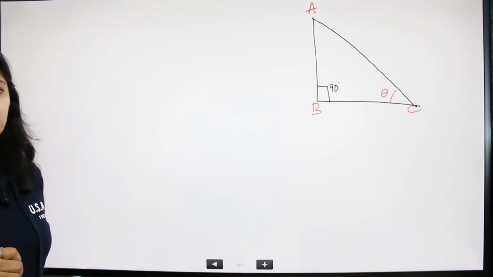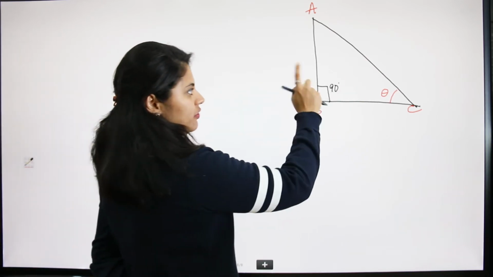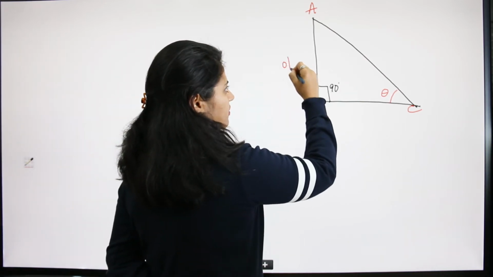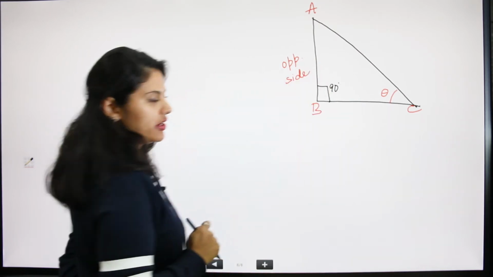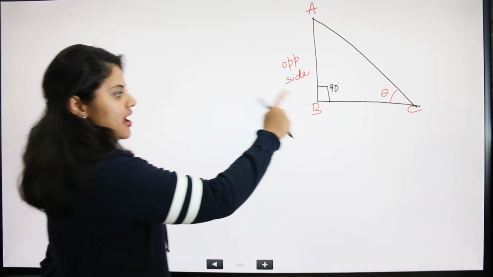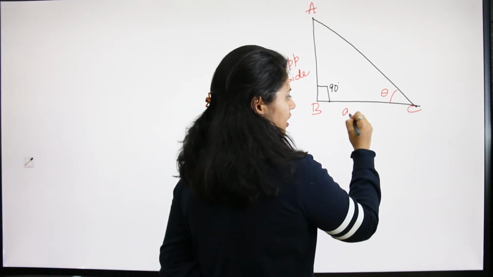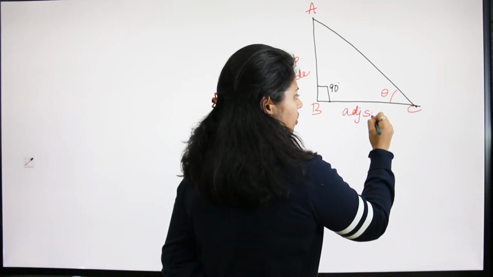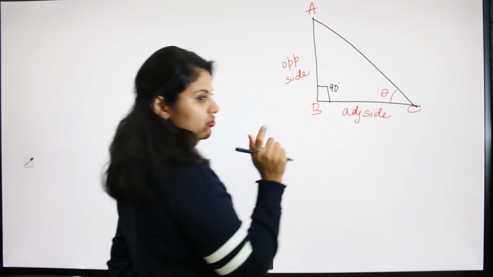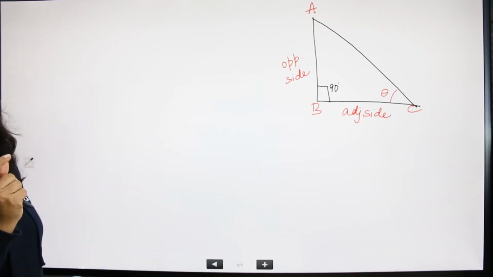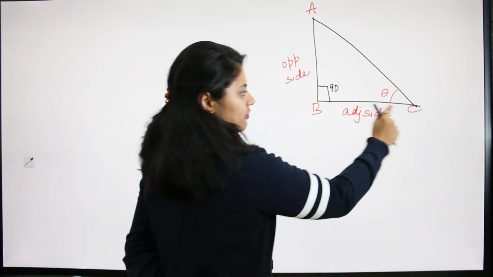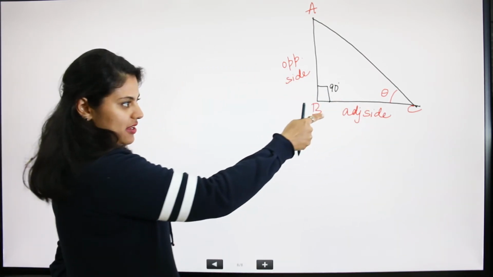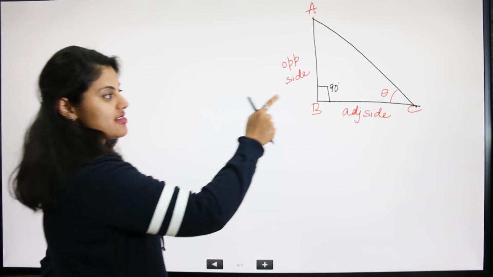Whatever side is in front of that angle is called the opposite side, or the perpendicular side. The other side is called the adjacent side. We are taking the short forms ADJ for adjacent and OPP for opposite. The adjacent side is the side next to the opposite side, according to this angle theta.